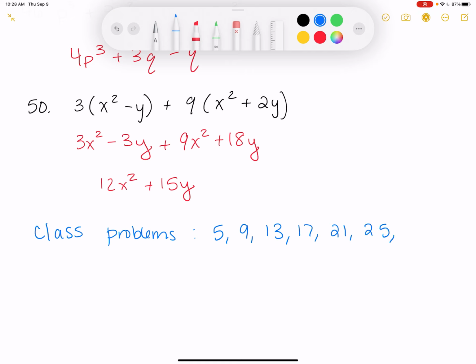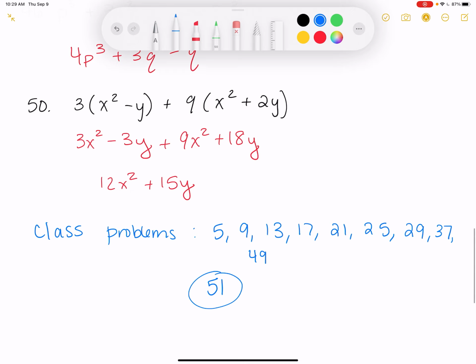Let's see, 25, 29, 37, and 49, and then 51 I'll make a separate tab for.